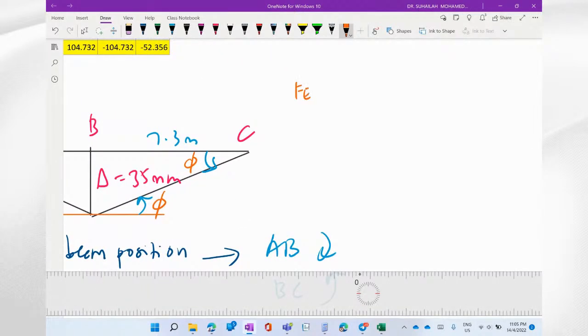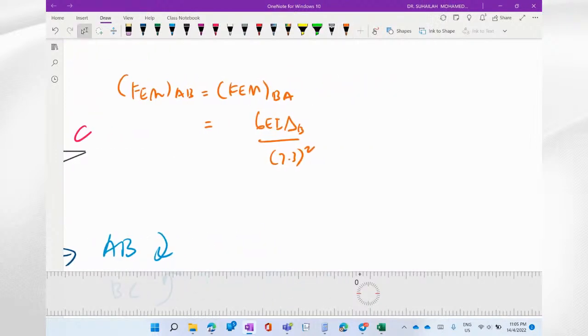FEM for AB will equal FEM for BA, and the formula is 6EI delta B over L squared, 7.3 squared. But we have to identify which one is positive, which one is negative.